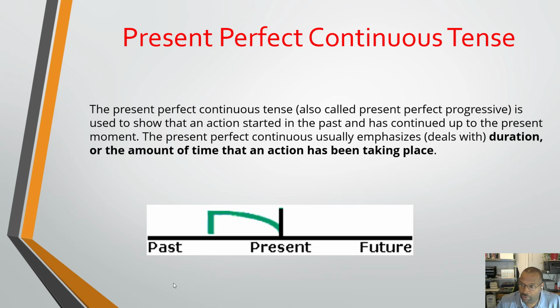All right, so again, present perfect continuous tense or present perfect progressive tense, they're the same thing, okay? Talks about duration, the amount of time it takes from something that happened in the past to now.